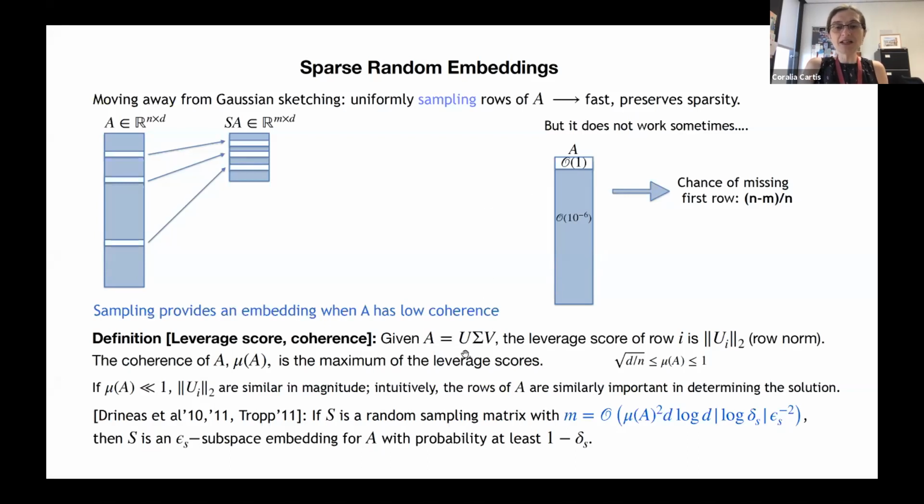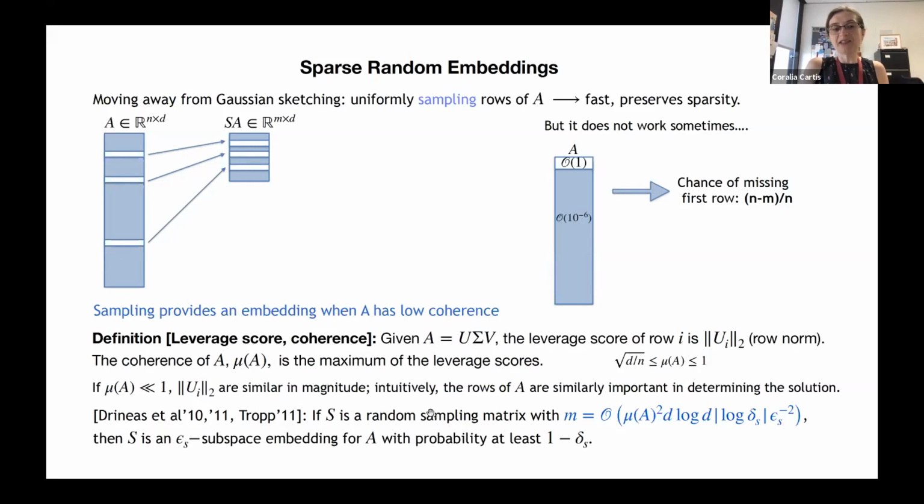So what is coherence? Coherence measures the importance of rows, essentially. So given the SVD of A, where this V should be V transpose, we call the leverage score the row norm of a row of U. And then the coherence of A is the maximum of all these row norms of the matrix U. So we can interpret this as, if the coherence is small, then the rows are similar in magnitude, similarly important.